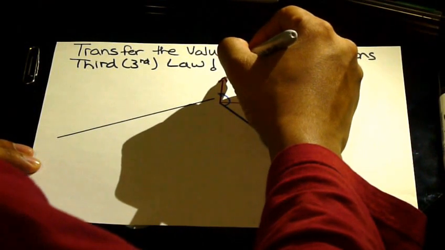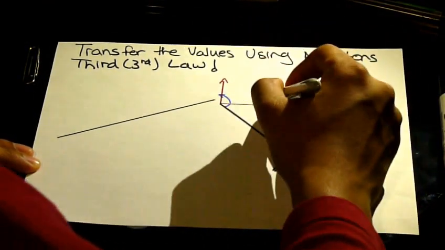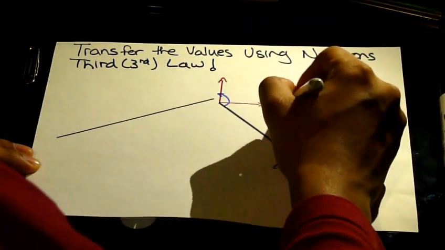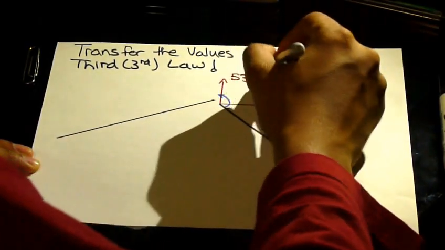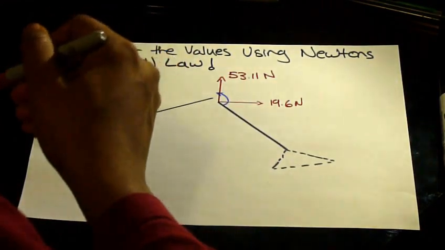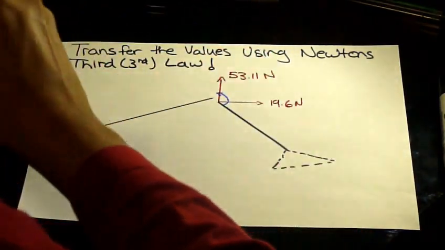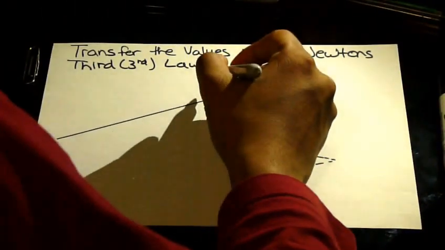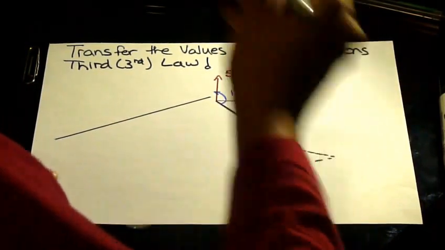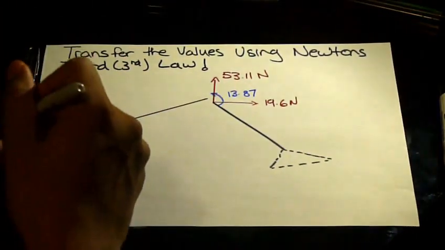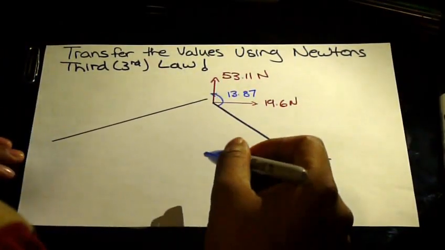The forces were 19.6 newtons in the x and 53.11 newtons, with a net joint moment of 13.87, I believe. So how do we transfer this?